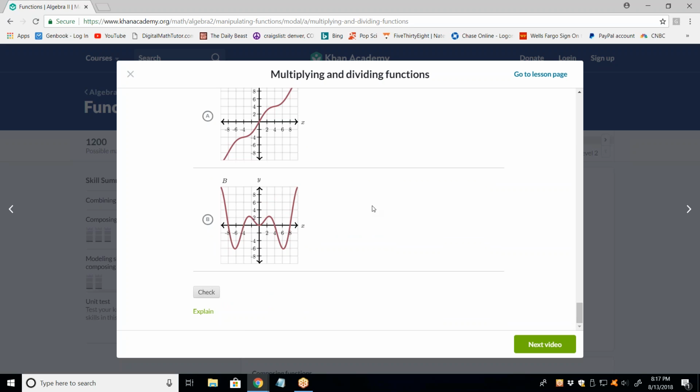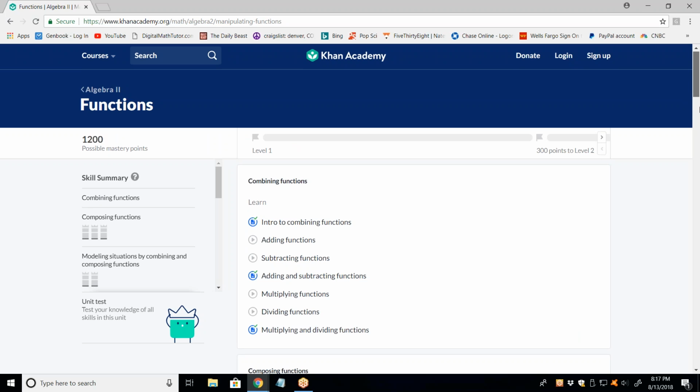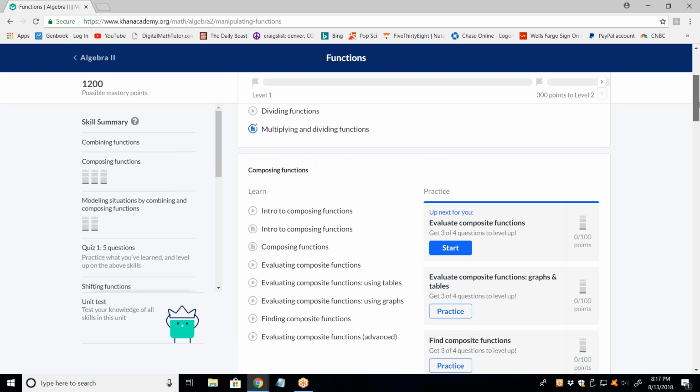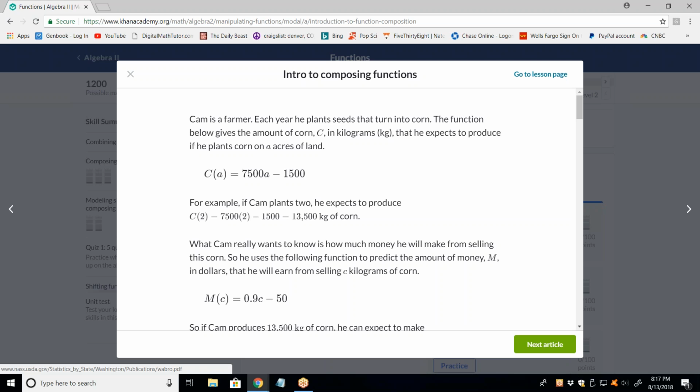Wow, what happened? This was yesterday's stuff. Multiplying and dividing functions. What's next? Composite functions, it looks like. Intro to composing functions. Is that where we should go? Oh, actually, I wanted to go back to our previous problem, but I'm not sure I know how to do it, but that's okay. This will work.